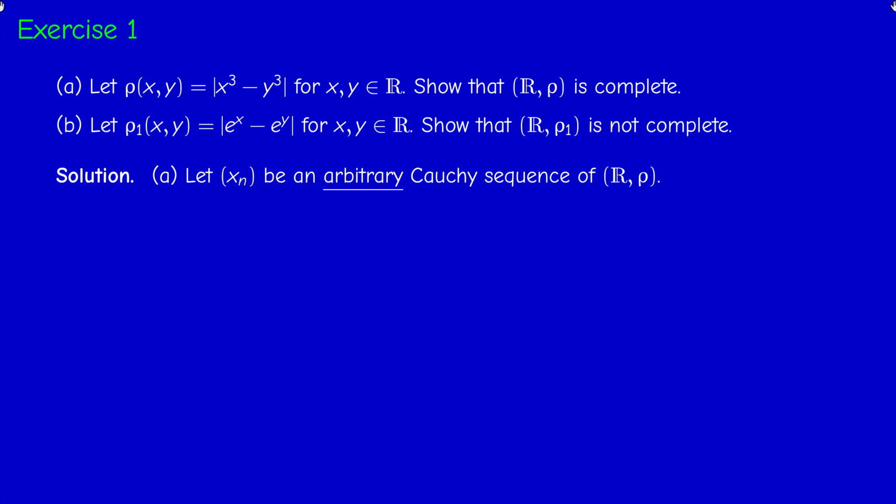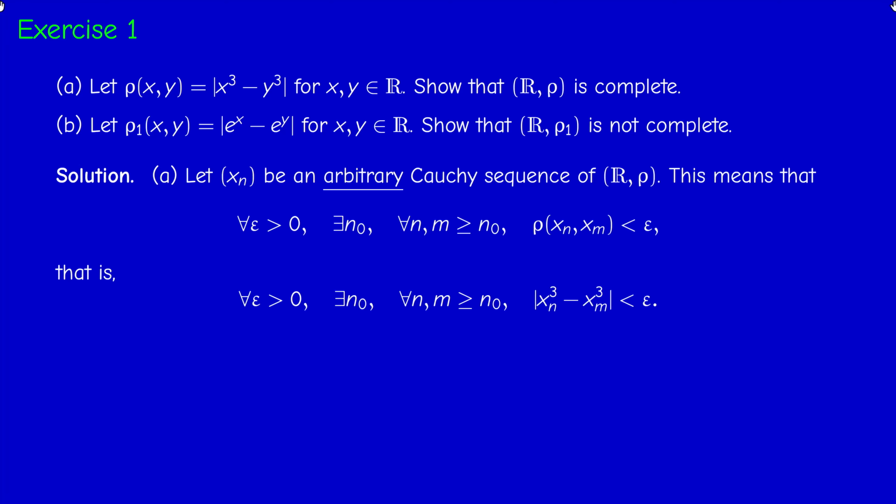So first question, let x_n be an arbitrary Cauchy sequence of (R, rho). This means, if you go back to the definition, that for every epsilon positive, starting from a certain rank, the distance with respect to rho between two terms of the sequence is less than epsilon, which is equivalent to saying that |x_n cubed minus x_m cubed| is less than epsilon starting from a certain rank.